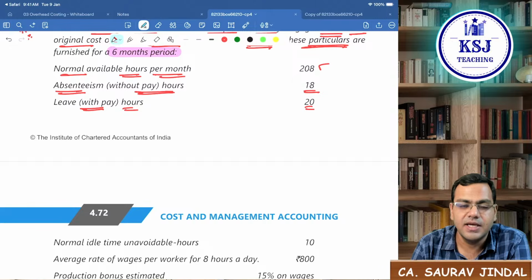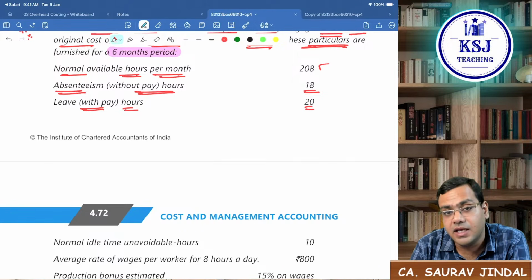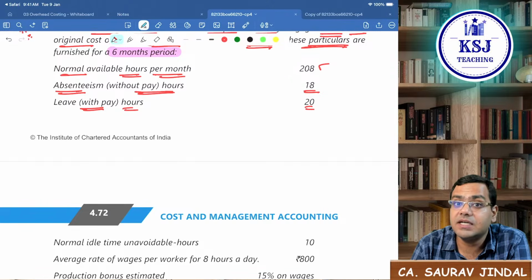Now my question is, the absenteeism hours and the leave hours which are given, is it monthly, is it quarterly, or is it for 6 months?